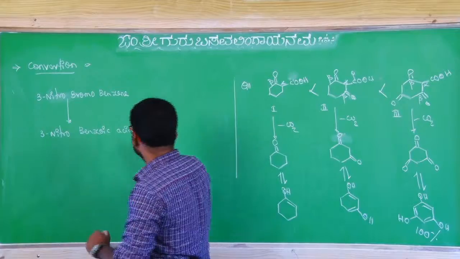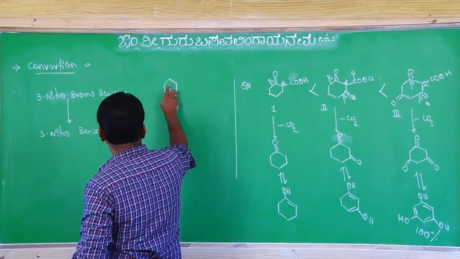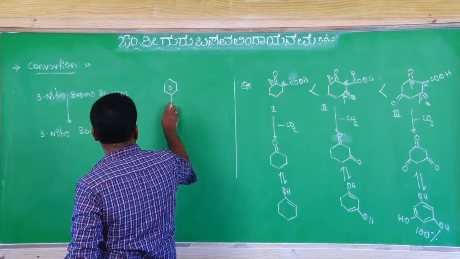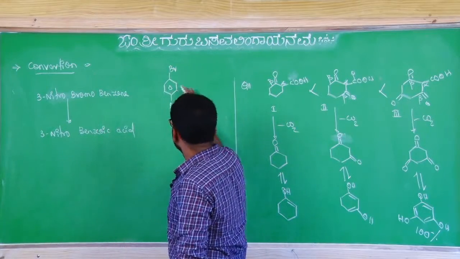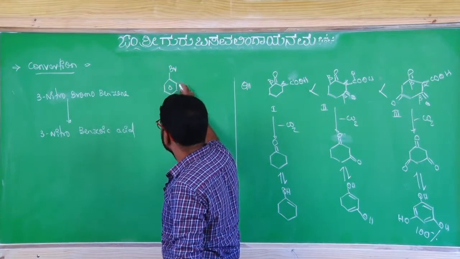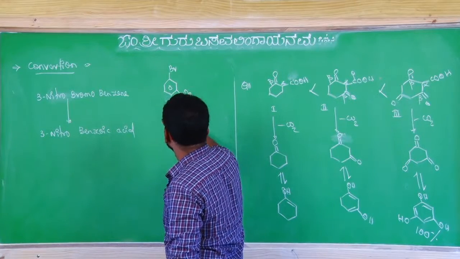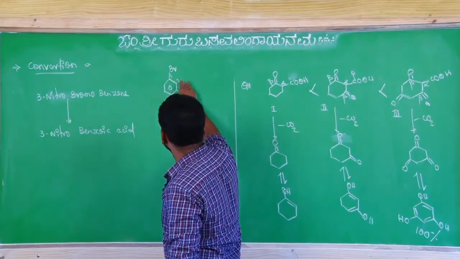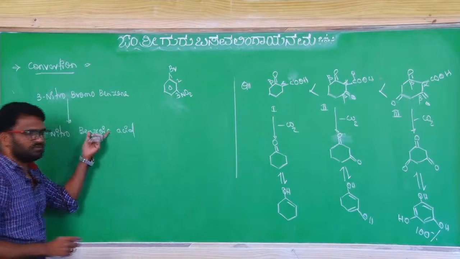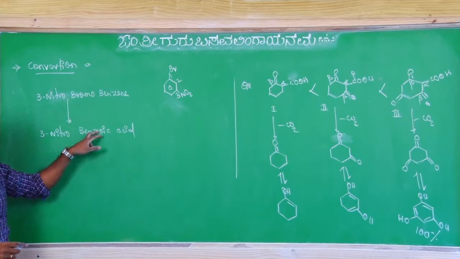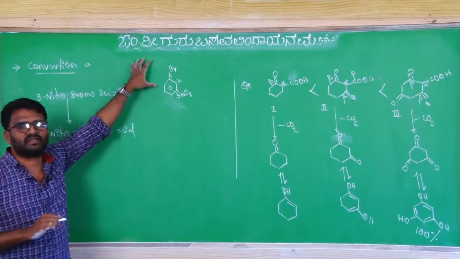That's it. If you see the reaction, firstly you need to write the structure of the given compound. This is 3-nitrobromobenzene. To introduce benzoic acid, there will be a COOH group, so to introduce it, firstly you need to prepare the Grignard reagent.